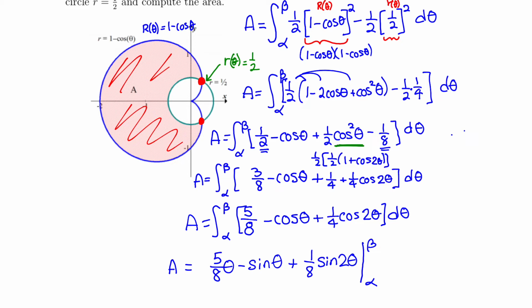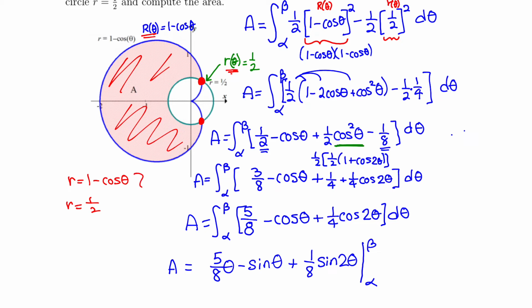Set them equal to each other. Yes, sir. Thank you. We have r equals 1 minus cosine theta. We have r equals 1/2. We want those two curves to be at the same place at the same time, so we create a system of equations.